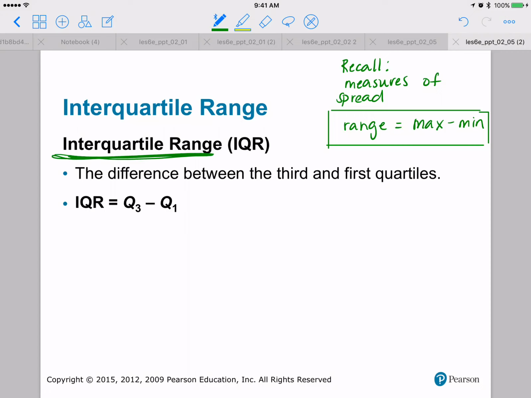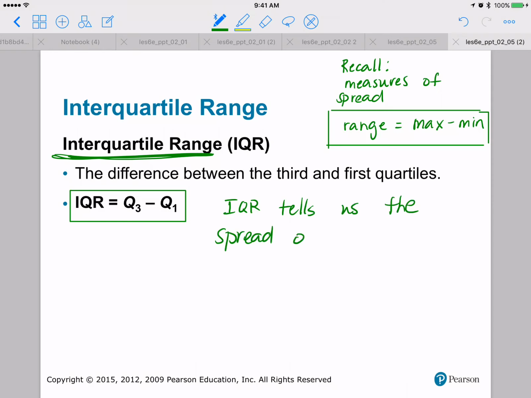The formula is Q3 minus Q1, and the IQR tells us the spread of the data about the median.